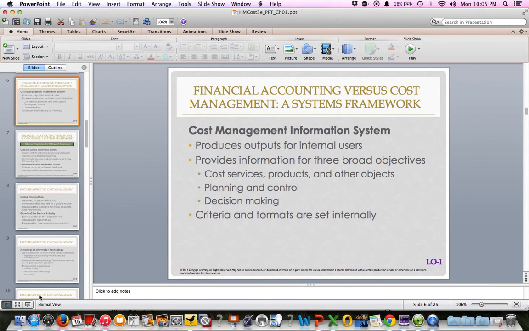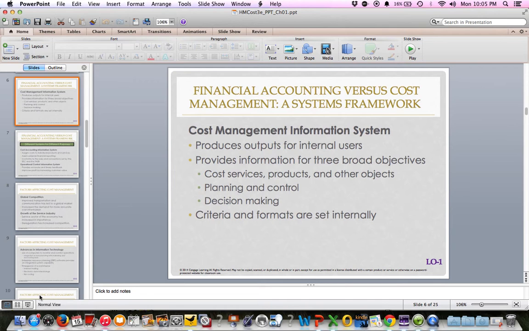Cost accounting, which is what we're talking about, is about providing information to internal users. And that information can be categorized into three broad categories. You can see here: cost services, products or other objects, planning and control, or decision making. The criteria and formats are really up to the company.